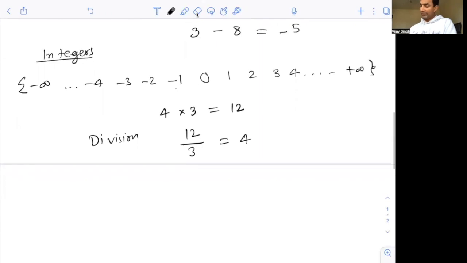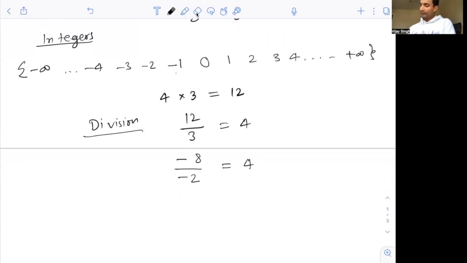We could have done this with a negative number too, so we could have taken, let's say, minus 8 and divided it by, let's say, minus 2. Both of these are negative integers. When you divide them, you get an integer which is 4, a positive number, but these are all integers.